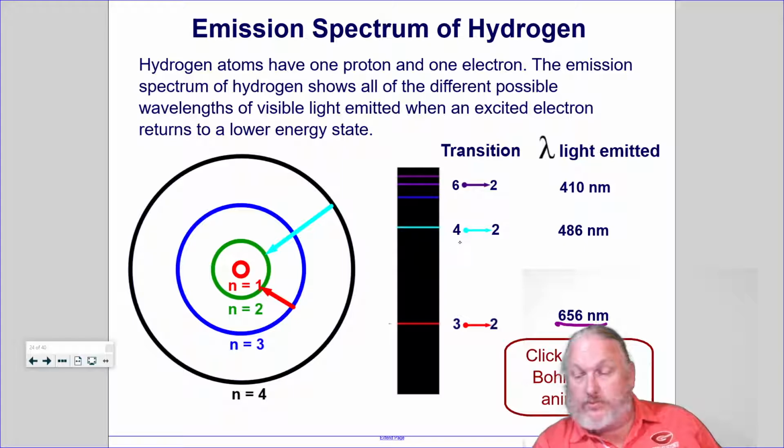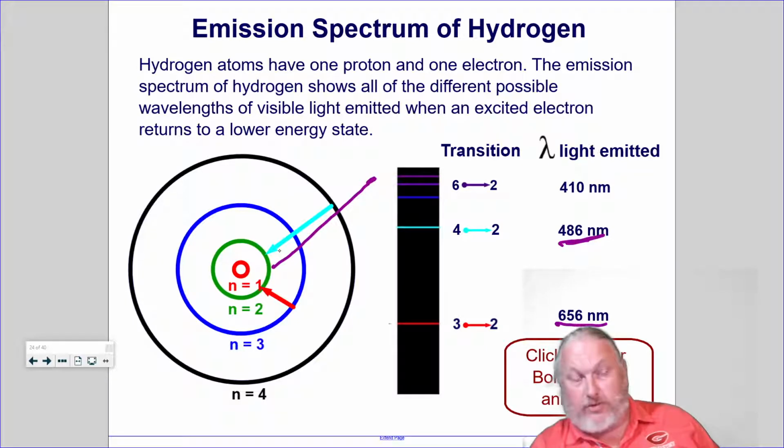This one is moving down from energy level 4 to energy level 2, and there we can see the light blue is 486 nanometers. Now this purple, almost ultraviolet, we're going down from 6 down to 2. And that's going to be a shorter wavelength and higher energy.